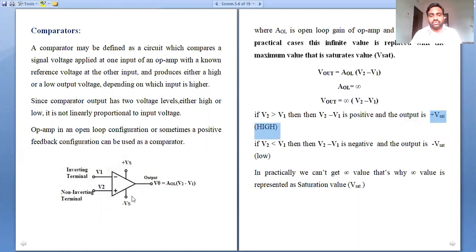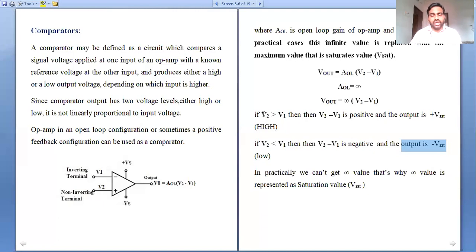If the value of V2 is less than V1, then V2 minus V1 is negative, and the output is represented as negative saturation, or minus Vsat. In this terminology, one input is taken as a reference point and the other as an input point.